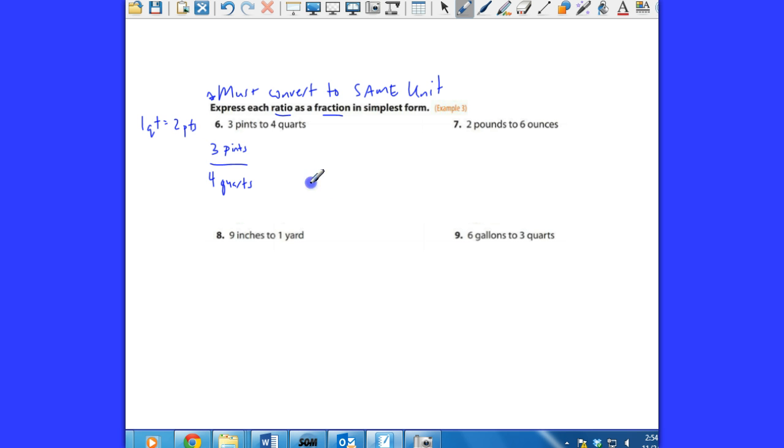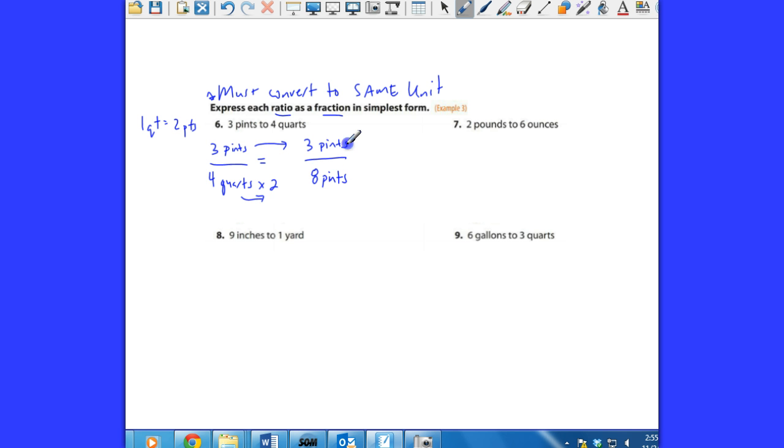All right, well, the easiest thing for me to do, since I know that 1 quart makes 2 pints, is to multiply the 4 times 2, because those are quarts, and I leave the 3 pints the same. Now 4 quarts would be 8 pints.